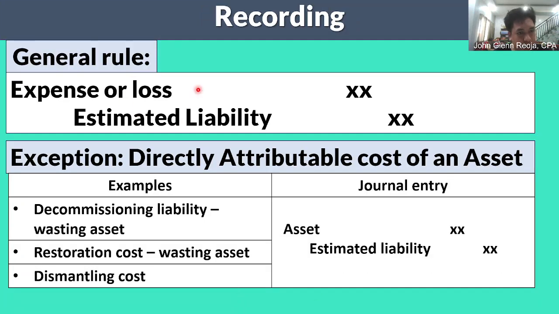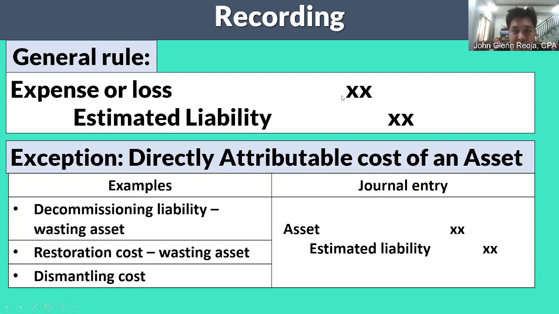Then this one, yung kanina regarding sa wasting asset, so debit tayo ng, as a general rule pala, expense or loss, no? Then credit estimated liability, but yung recent computation natin regarding the restoration costs, magde-debit tayo ng wasting asset, and then we credit estimated liability. So that is the initial measurement discussion.